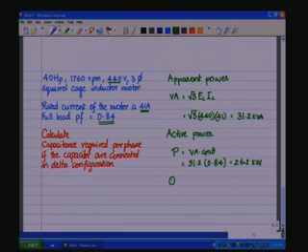Therefore, now we have the reactive power Q, which is root of VA square minus P square, and that is equal to 17 kVAR.